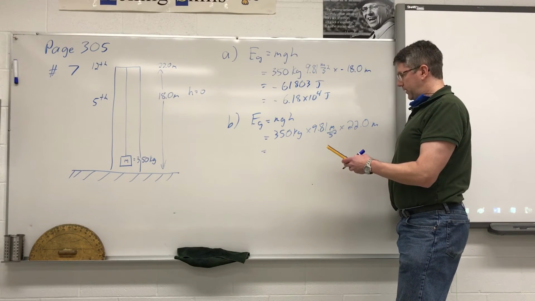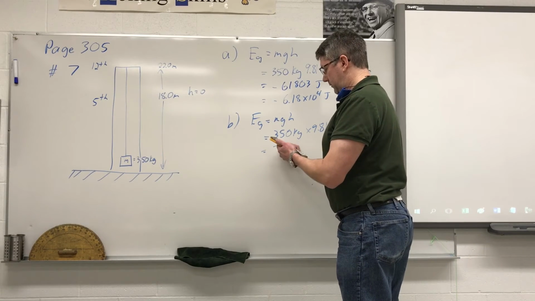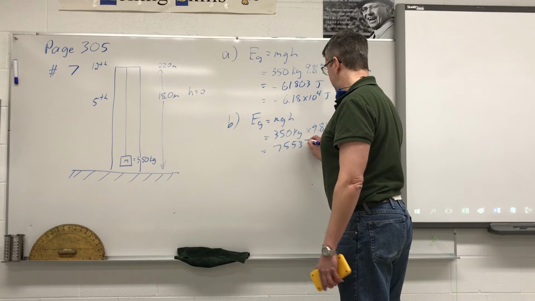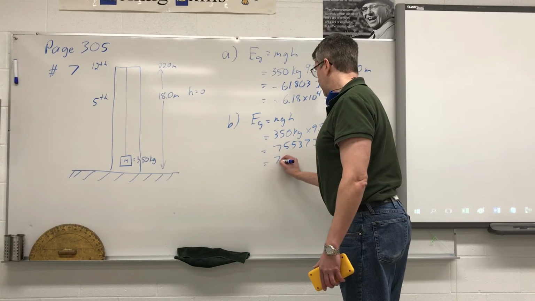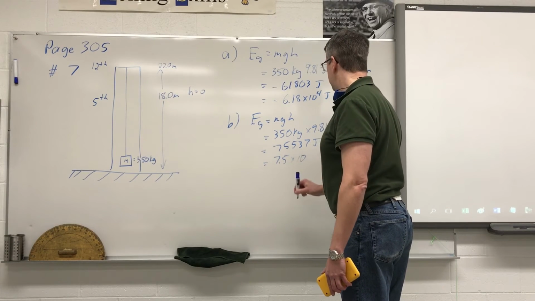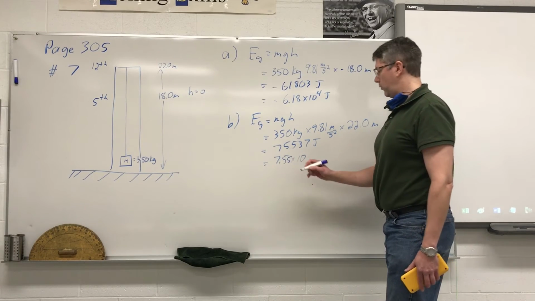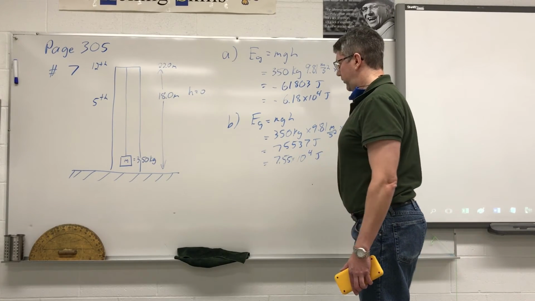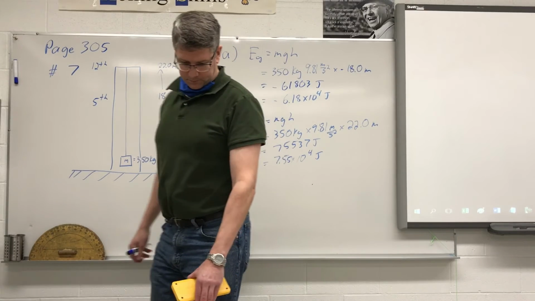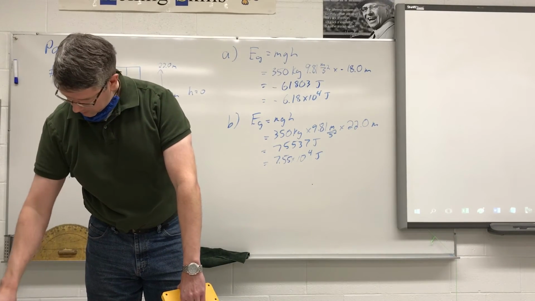So 350 times 9.81 times 22 gives us a value of 75537 joules, or 7.55 times 10 to the power 4 joules. Just double check my answer here.